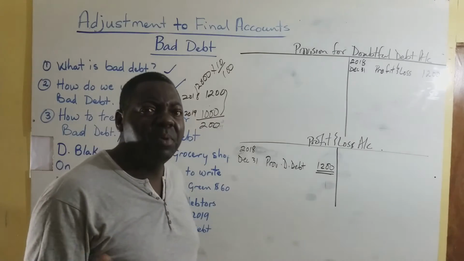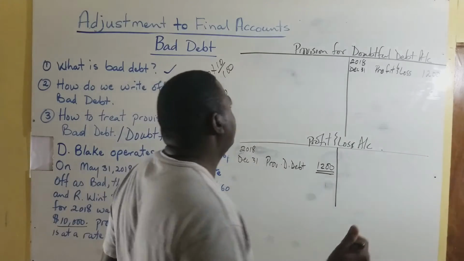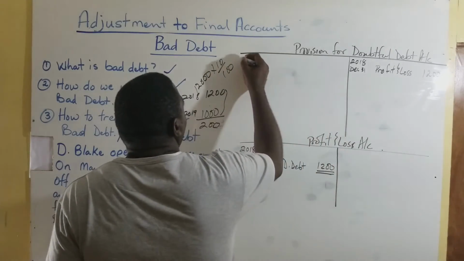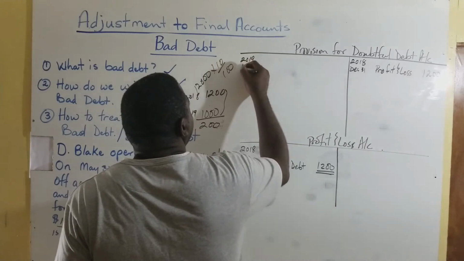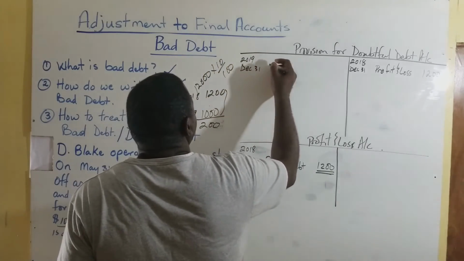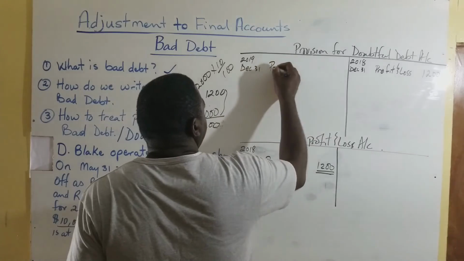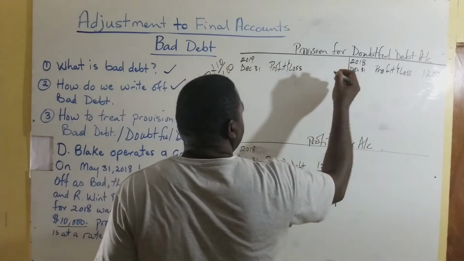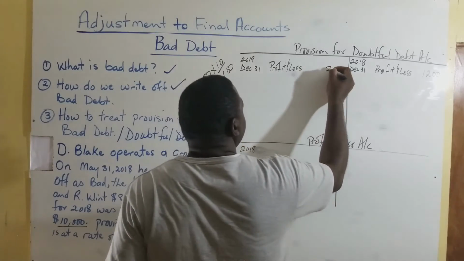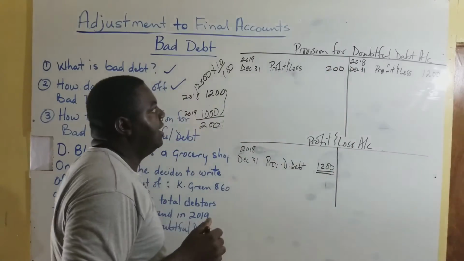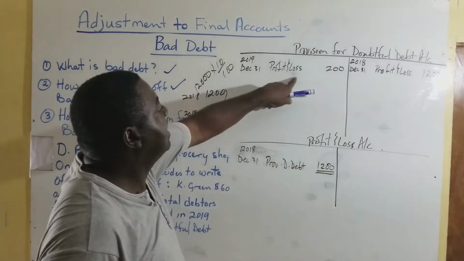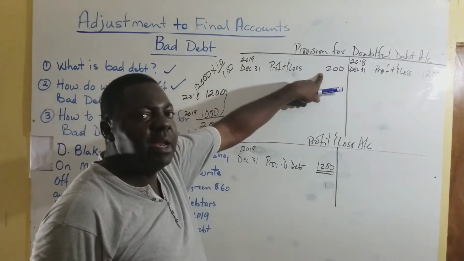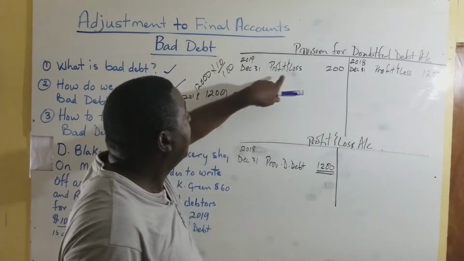To decrease the provision, we're going to debit in the provision account. So we go here and we have 2019 December 31st, profit and loss account, and that is going to be 200. As I said before, record the increase and the decrease. So it is decreasing by 200. To decrease a provision, we debit.